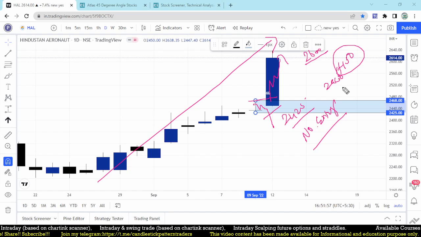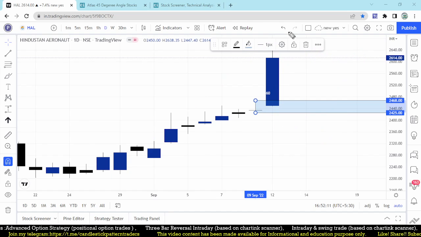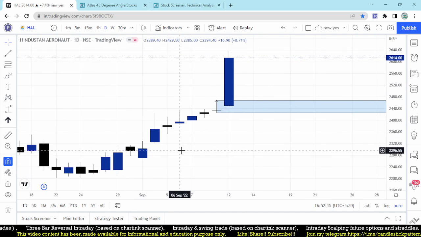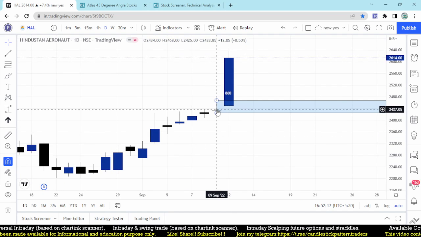But taking a long entry at the highest level, maybe some stocks look like this, but most of the time when we take an entry at the highest price, a big fall may happen. That is the reason I avoided the long side. But unfortunately, it was a great move. Those who have followed, a Doji is a neutral candle.